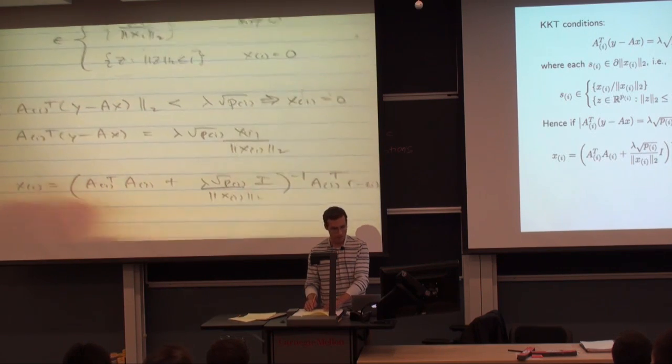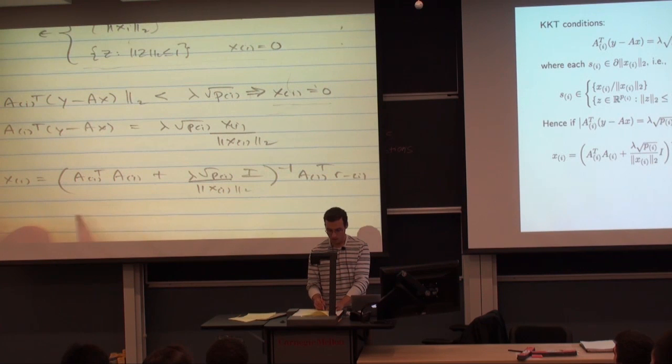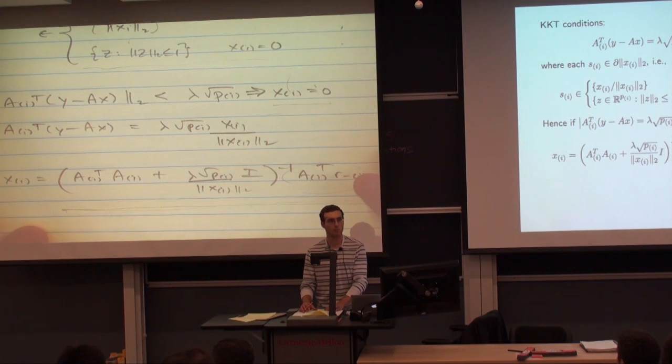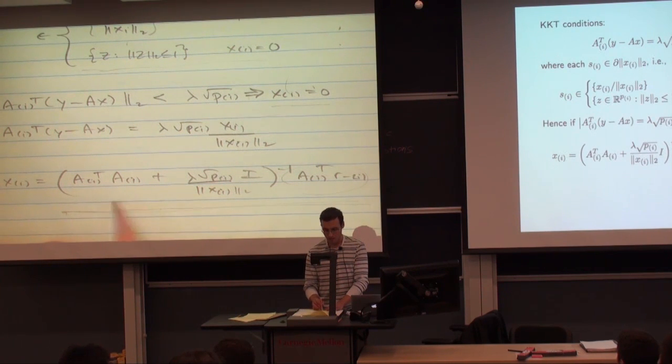Okay, so it tells us that there's two cases: either the entire block of coefficients is 0 or it's equal to this, right? And this is going to be non-zero in every coordinate unless there are some degeneracies. So it confirms our heuristic interpretation that either the group is non-zero or it's 0. This even, if you look at it, actually suggests an algorithm for fitting the group lasso. Right?